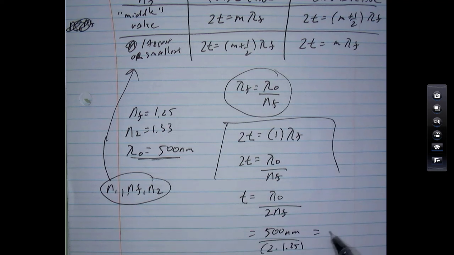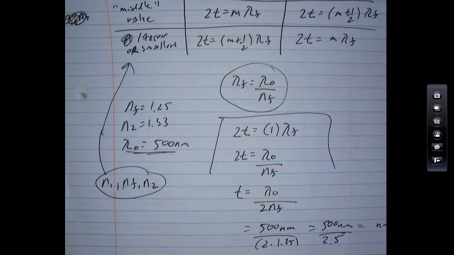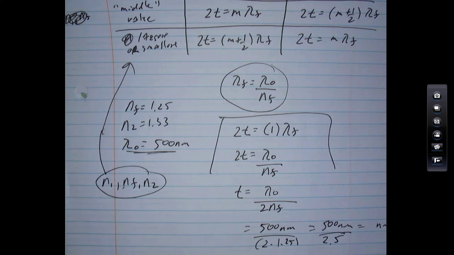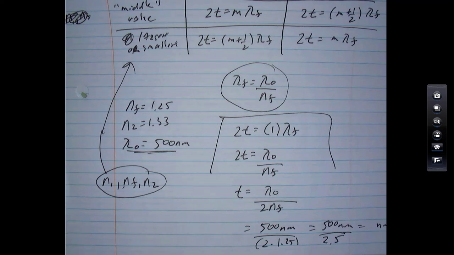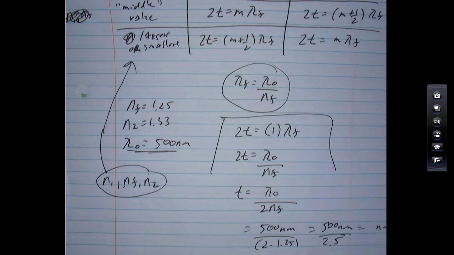So it looks like 500 nanometers divided by 2.5. And this will actually come out in nanometers, which is what they wanted anyway. It looks like maybe 200 or so nanometers. You'll have to verify that, but it looks like that's going to be good. Okay, so that's for constructive interference because we actually see it.